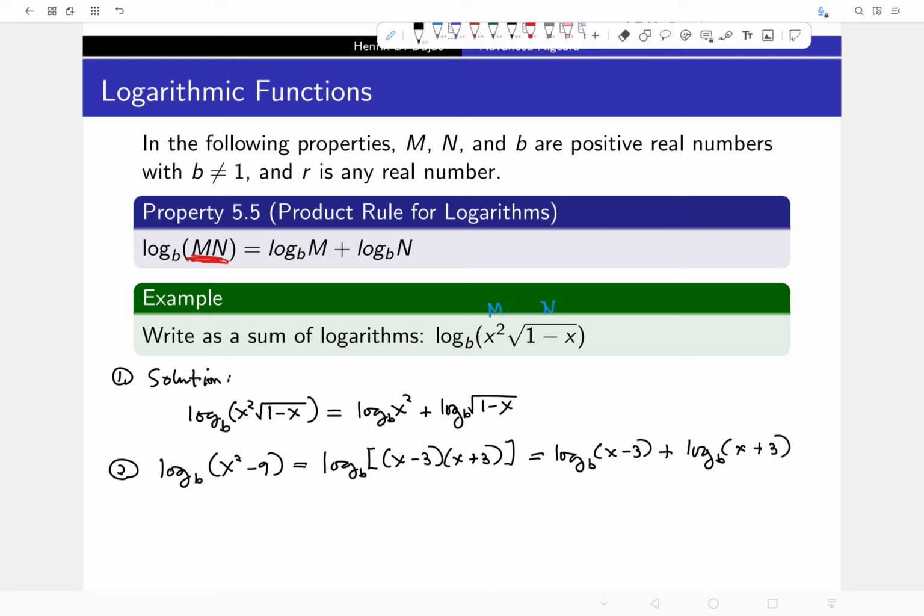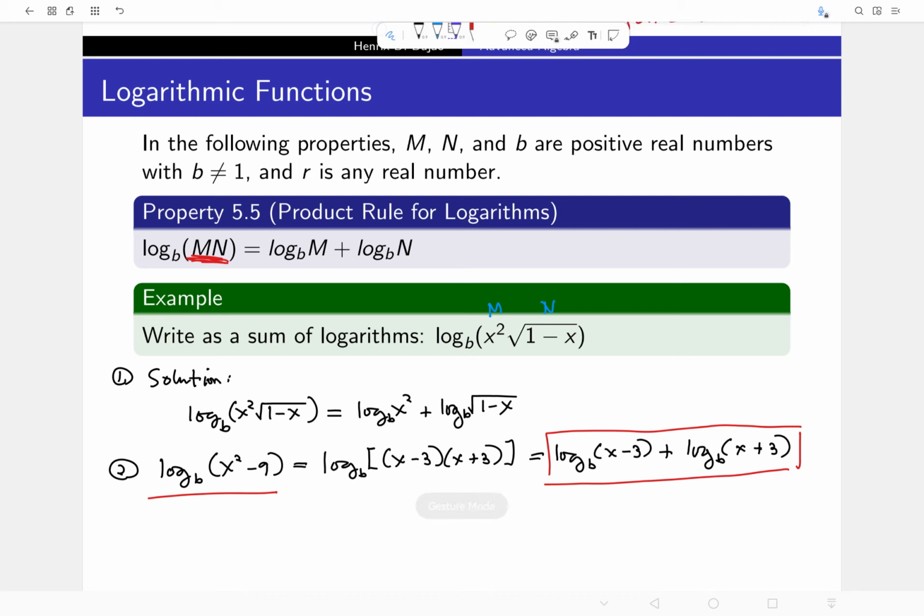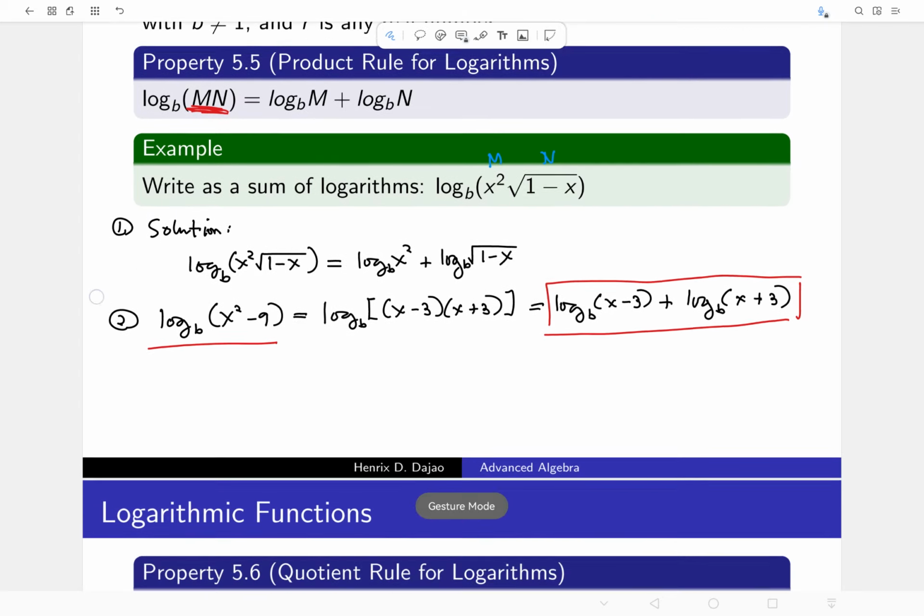So the answer is this one. We already expressed this one as a sum of logarithms. Okay, another property. We're done with the product rule.